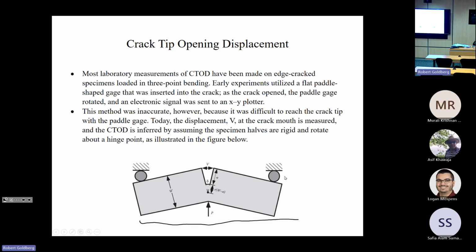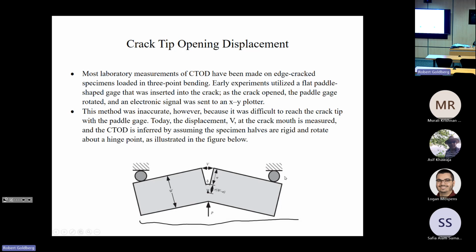And as the crack opened, the paddle gauge rotated and a single signal was sent to a plotter. However, this method was inaccurate because, unlike this cartoon here, normally your cracks aren't that wide, so it's difficult to get a real physical strain gauge to the tip of the crack.